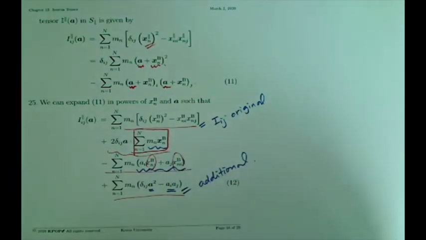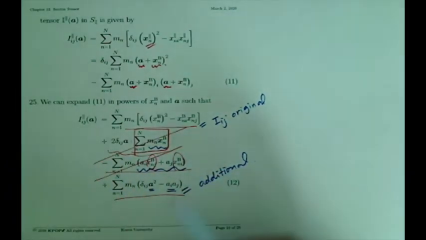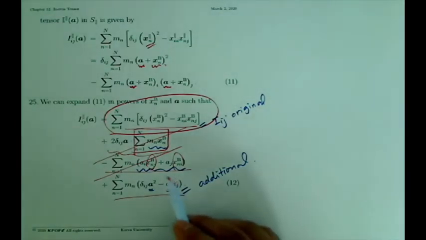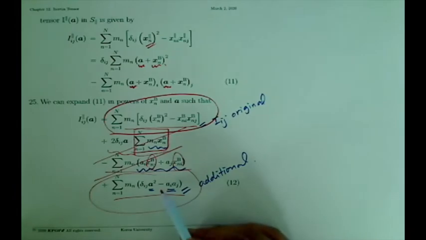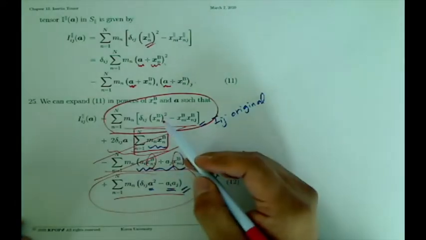The center of mass of the body coordinate system is the origin. So these two vanish, and this is the original value of the inertia tensor measured in the body coordinate system, and this is the additional piece coming from the shift of the coordinate. The structure is exactly the same, except that we do not have to sum over all particles.